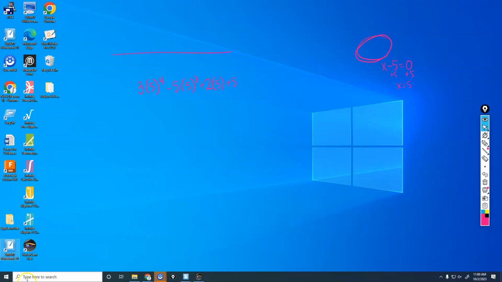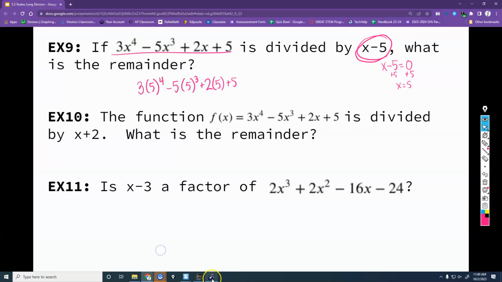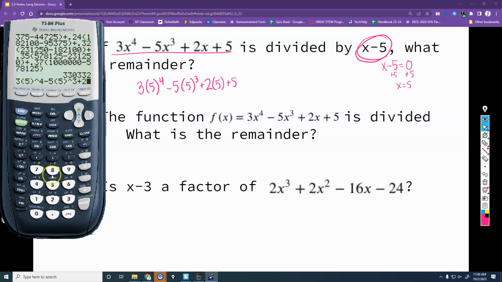If I type that into my calculator, or Desmos, either one, 3 times 5 to the 4th minus 5 times 5 to the 3rd plus 2 times 5 plus 5, I get 1265.